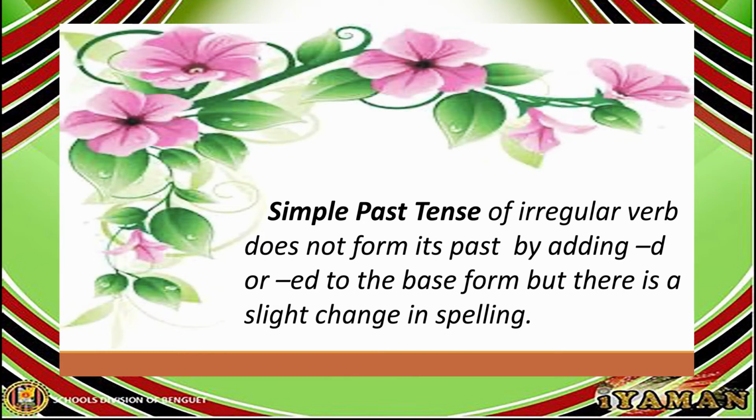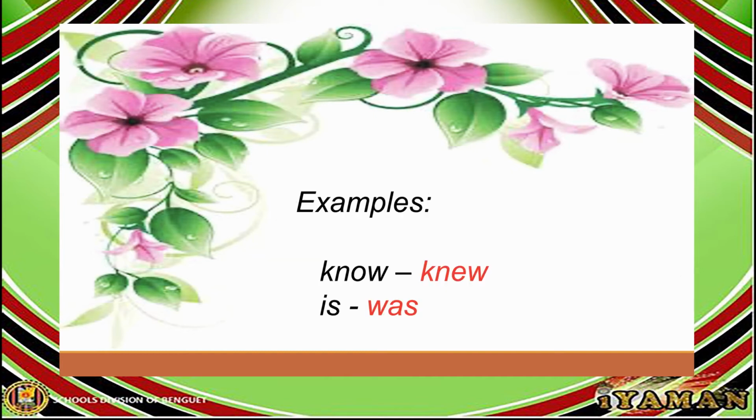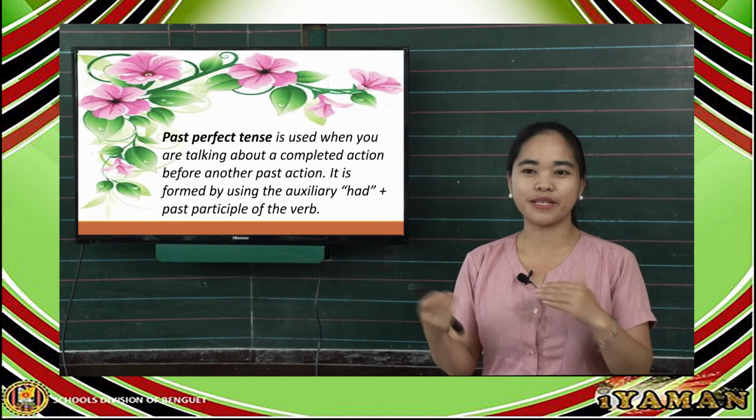In this case, we do not form its past tense by adding D or ED. Rather, we form it by a slight change in the spelling. To give you an example, we have the verb know, which becomes knew. We do not say knowed. We also have is, it will become was. So that is the simple past.